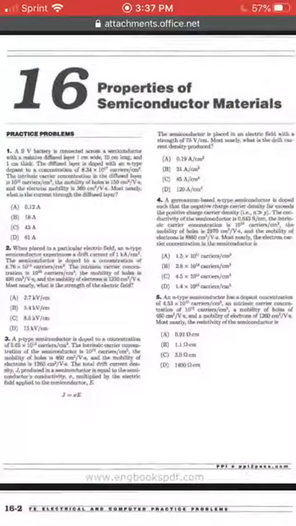Now let's move on to problem number 3. A p-type semiconductor is doped to a concentration of 5.65 times 10 to the 15th carriers per cubic centimeter. The intrinsic carrier concentration is 10 to the 10. The mobility of holes is 460.